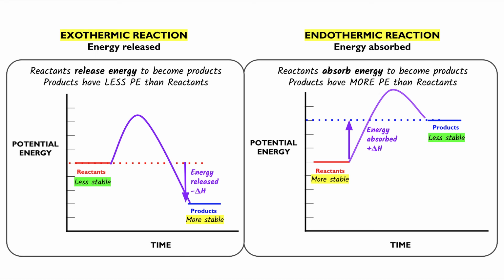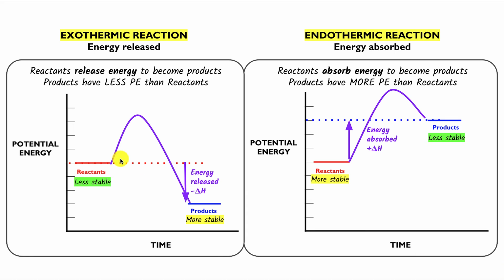Now let's add back in those reaction curves. Remember, in both an endothermic and an exothermic reaction, there often is an activation energy hump. That does not change whether or not the reaction is exothermic or endothermic. So look at the exothermic reaction. It is an exothermic reaction because to get from the reactants line to the products line, you need to move down on the y-axis, even though first you have to go up to get over that activation energy hump.